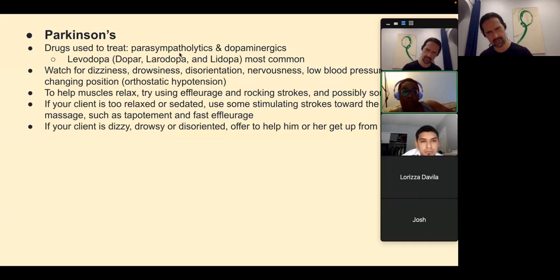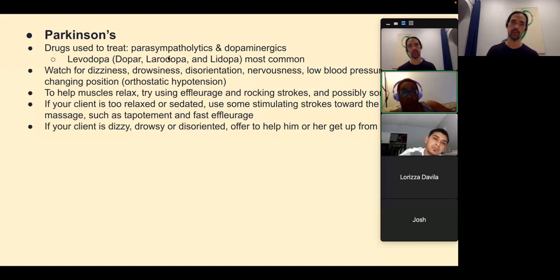So they replace neurotransmitters such as dopamine or increase neurotransmitters such as dopamine, which are part of the parasympathetic nervous system response. That's the best I can explain it. Oh, and dopaminergics. And the most common one is levodopa, also called dopar, L-dopa.